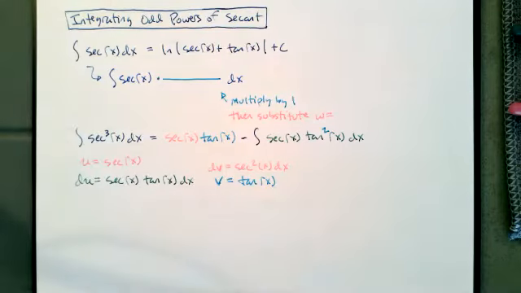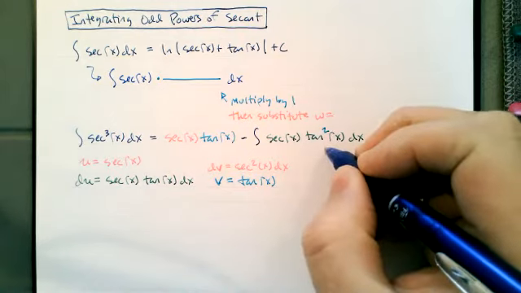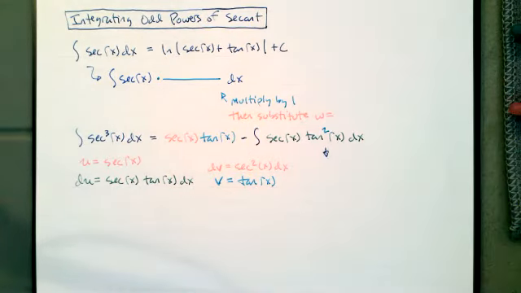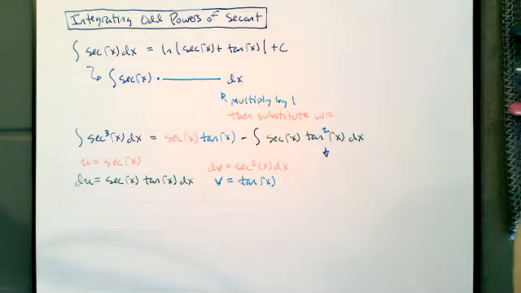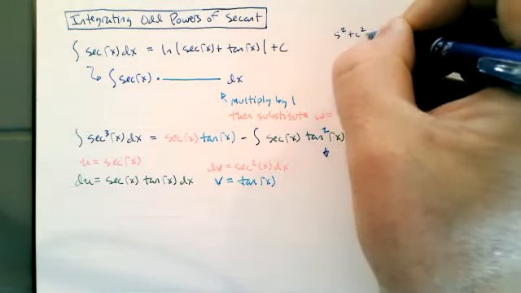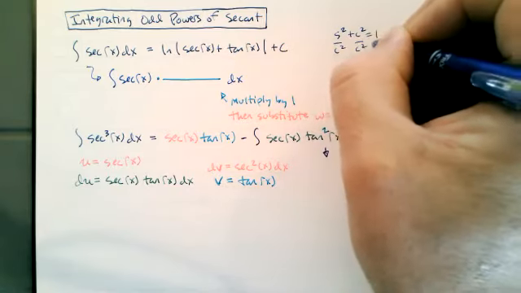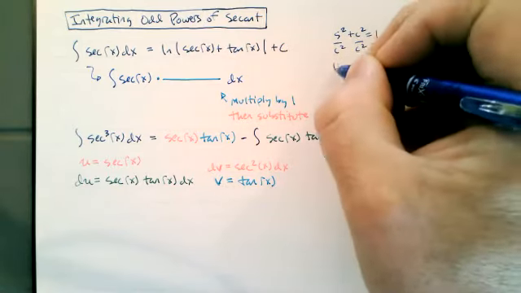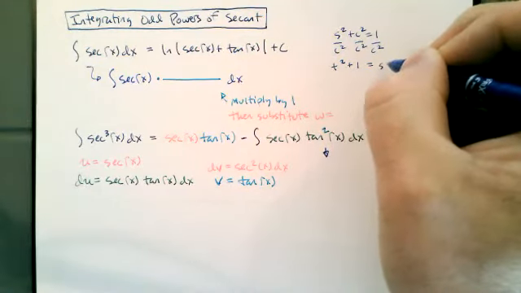We have tangent squared, and tangent squared can be written in terms of secant squared. I can never just remember this. Sine squared plus cosine squared is 1. So if I divide by cosine squared, I get that tangent squared plus 1 equals secant squared.